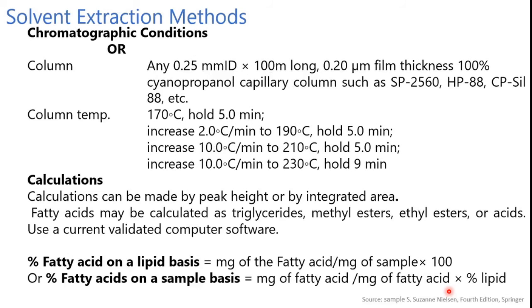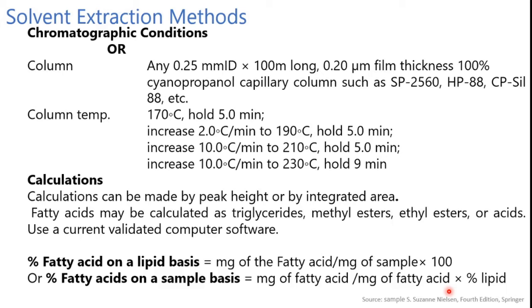And again, the alternative chromatographic conditions are a column with 0.25 mm internal diameter, 100 meter length, 0.20 micrometer film thickness, and a 100% cyanopropyl capillary column. For example, SP2560, HP88, CPSil 88, etc. Then the column temperature should be 170 degrees Celsius, held for 5 minutes.